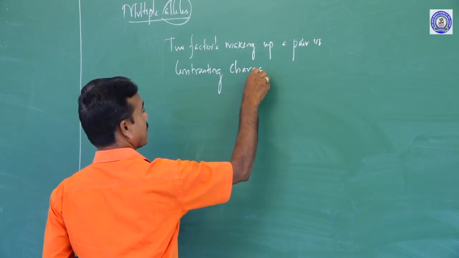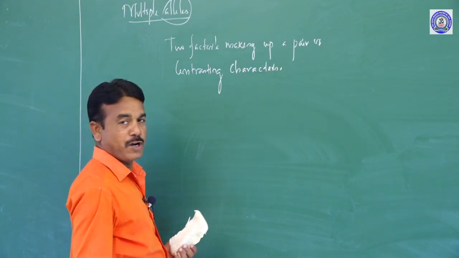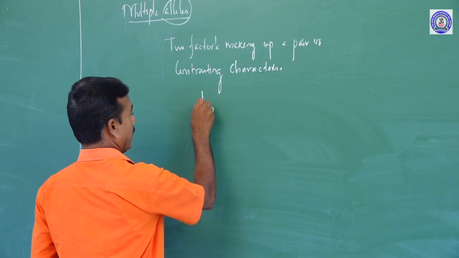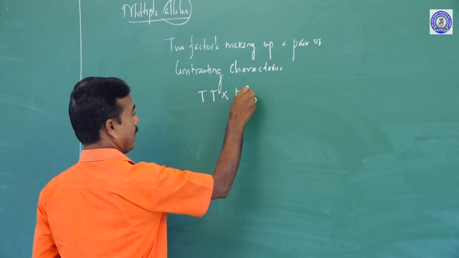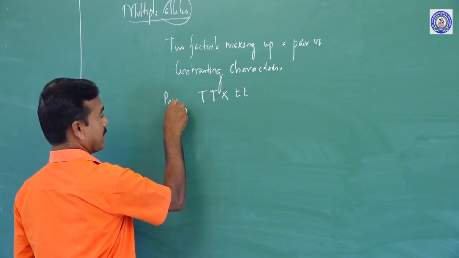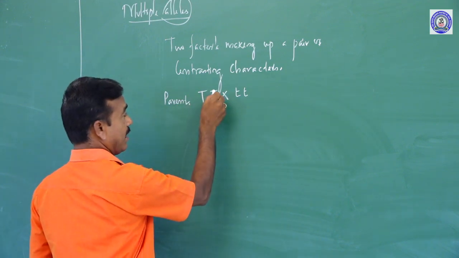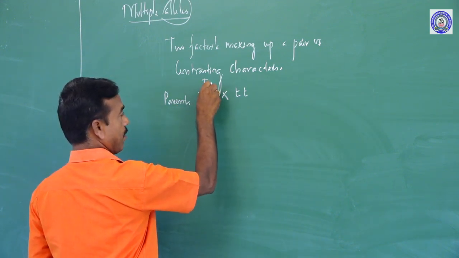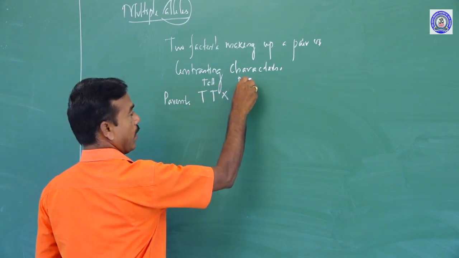We have already studied the monohybrid cross like this: capital T crossed with small t. Those act as the parents. Capital T denotes tall, and small t denotes dwarf.